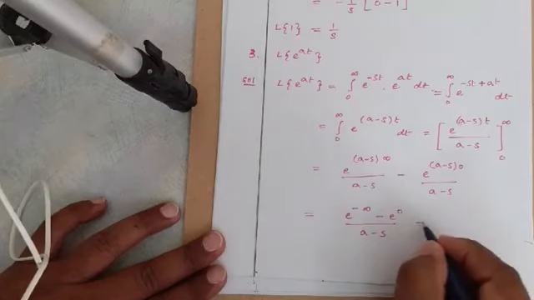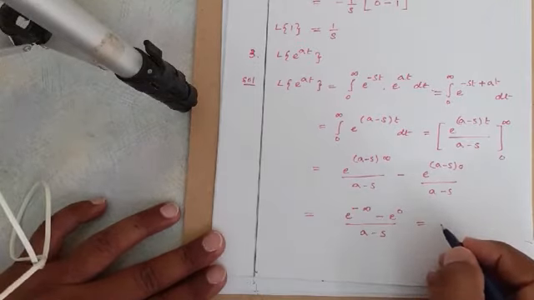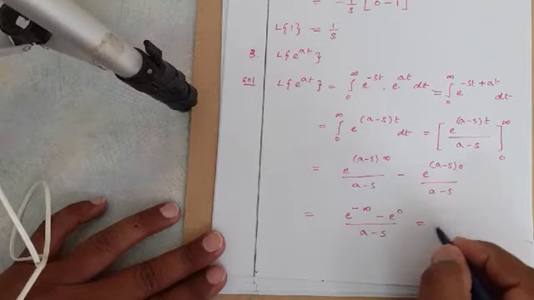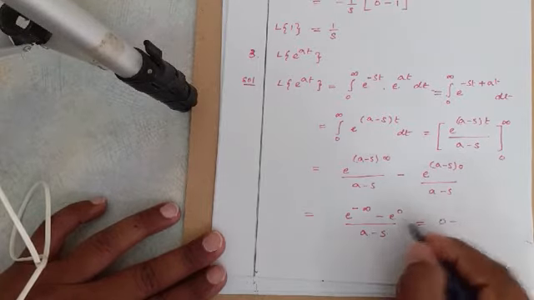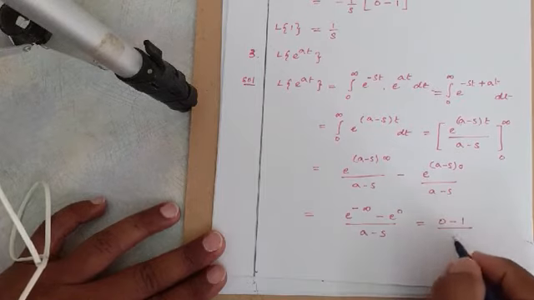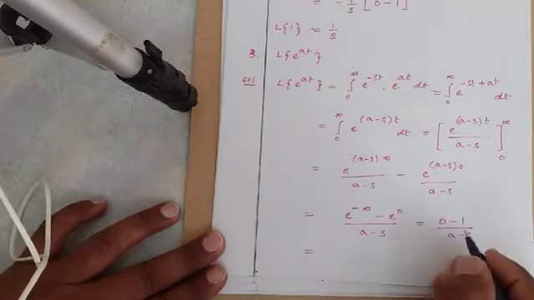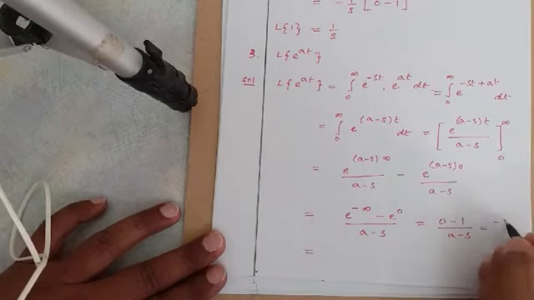So this is equal to e power minus infinity is 0 minus e power 0 is 1, upon a minus s. So now you can see this is equal to minus 1 upon a minus s.